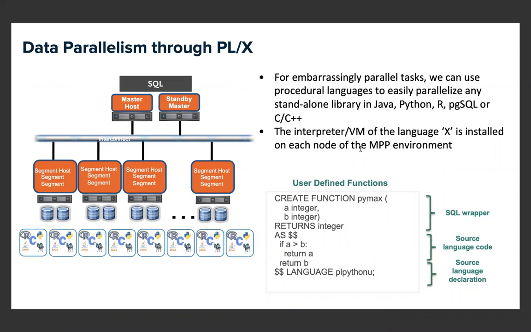We can use procedural language to easily parallelize any standalone library in Java, Python, R, PL/pgSQL, or C++. The interpreter and the virtual machine of language X is stored on each node of the MPP environment.